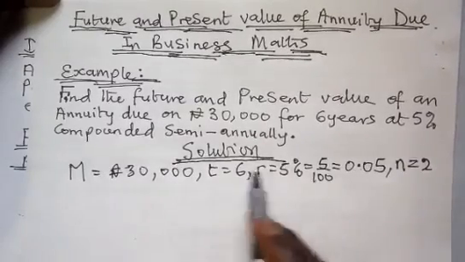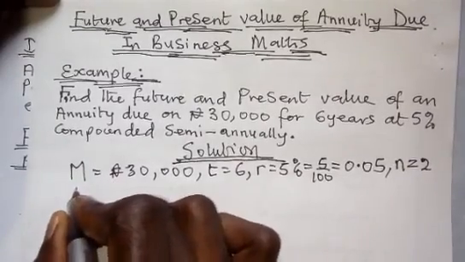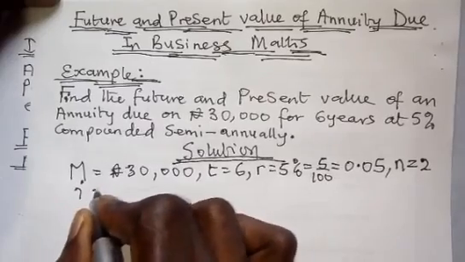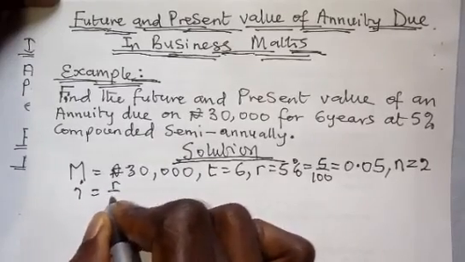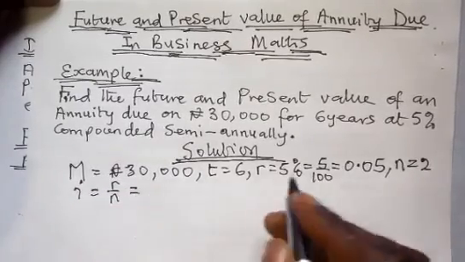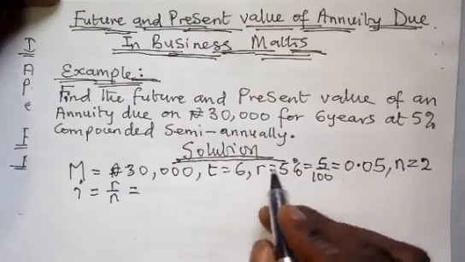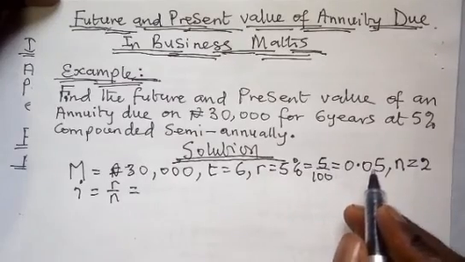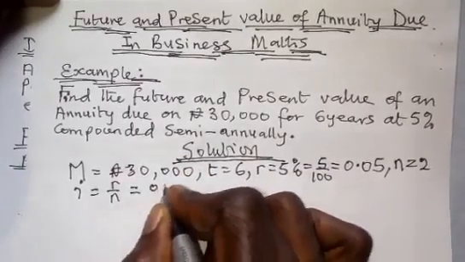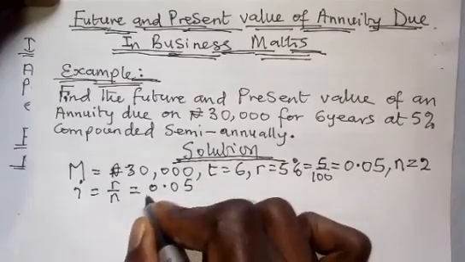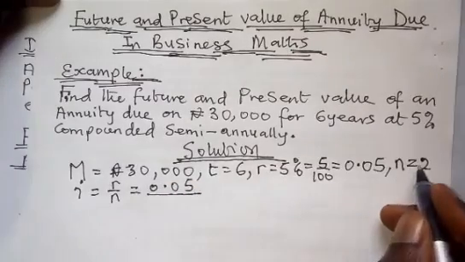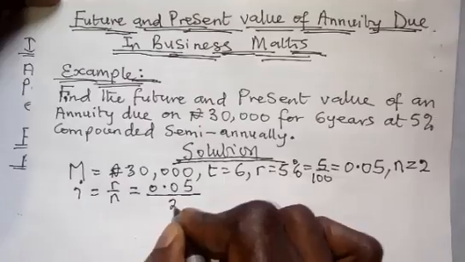Having gotten these parameters, we can now get the value for i, which is the ratio of R to n. Our R is 0.05, and we divide that by our n, which is 2.